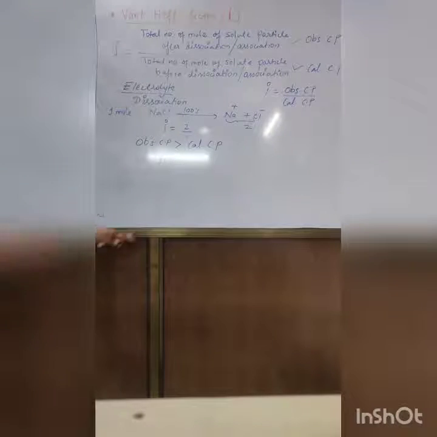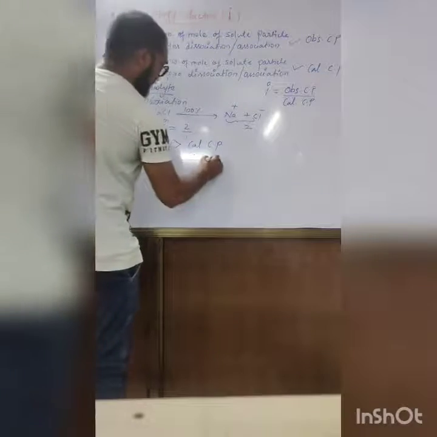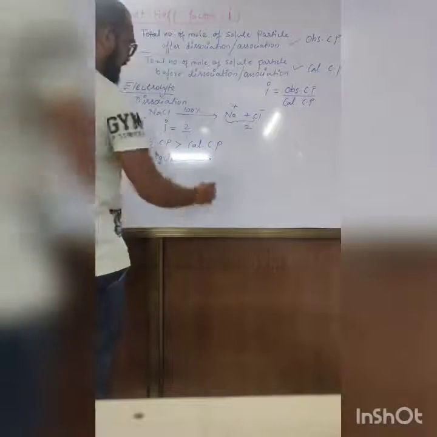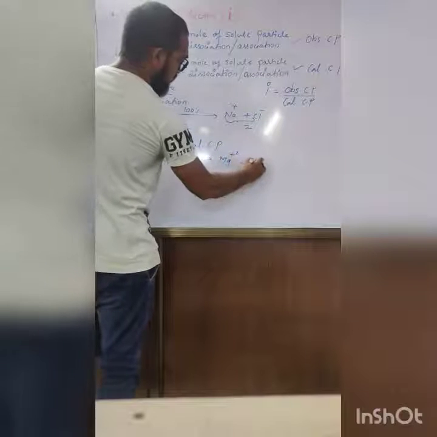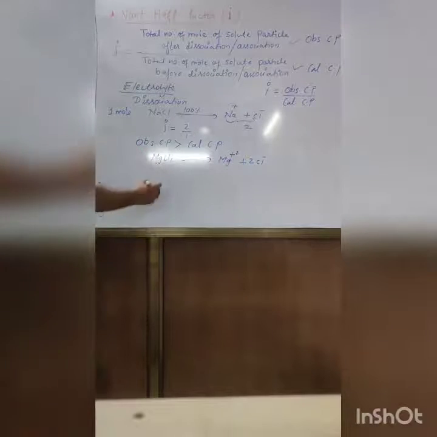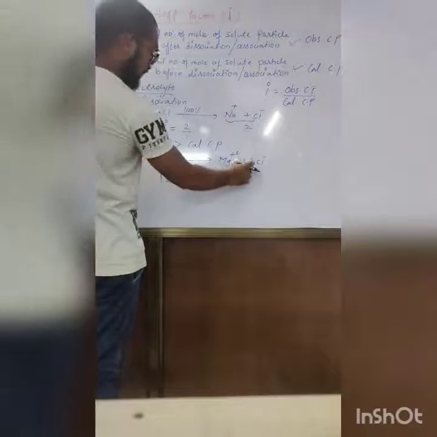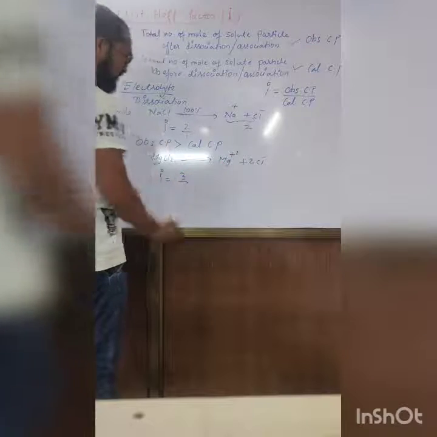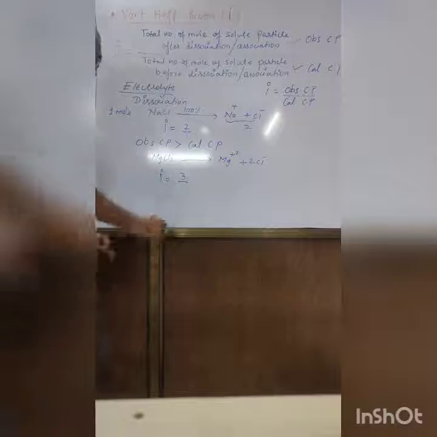If I take another example, MgCl2, I have taken 1 mole of MgCl2. This 1 mole of MgCl2 breaks to form Mg2+ and 2 Cl-. If we calculate the i value for this, i is equal to total number of moles after dissociation, 1 plus 2, that is 3, upon total number of moles before dissociation, 1.